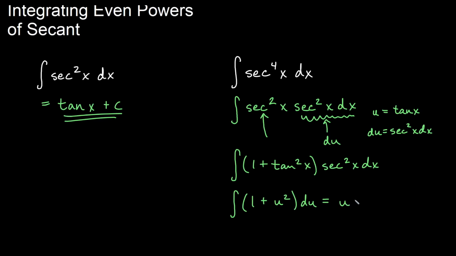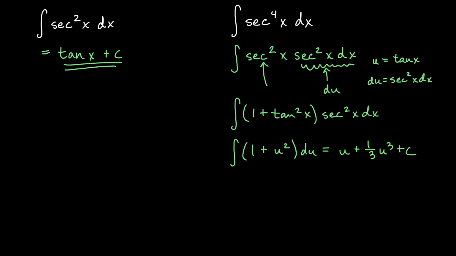We will get u plus, by the power rule, 1/3 u cubed plus c, and then we can go back at the end and replace our u's with tangent, and we'll go ahead and say that this is then tangent x plus 1/3 tangent cubed x plus our constant. Okay, so that's our secant to the 4th x integral.